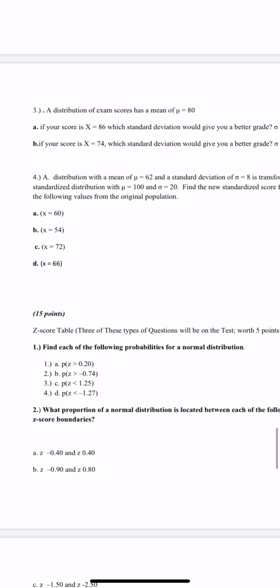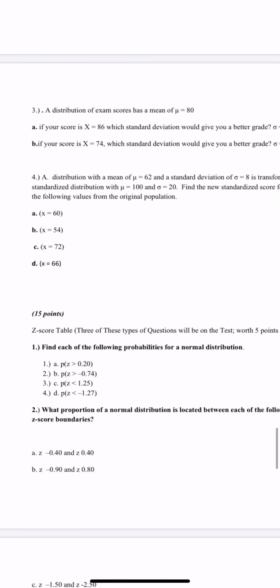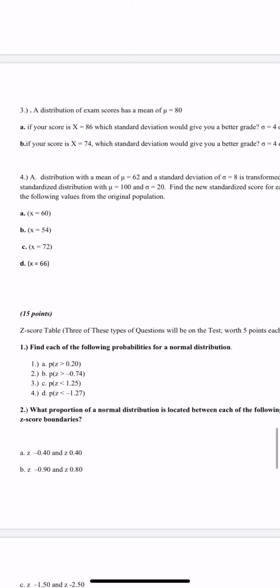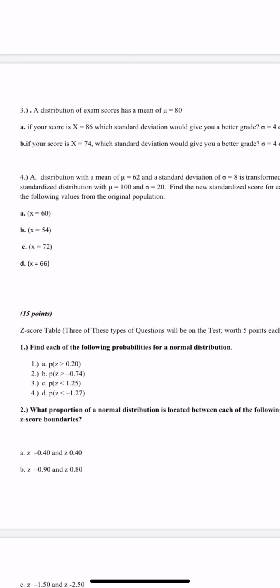So you do 60 minus 62 divided by 8 equals negative 0.25. Now you take that negative 0.25 times the new standard deviation, which is 20, plus the new mean, which is 100, and you'll get 95.